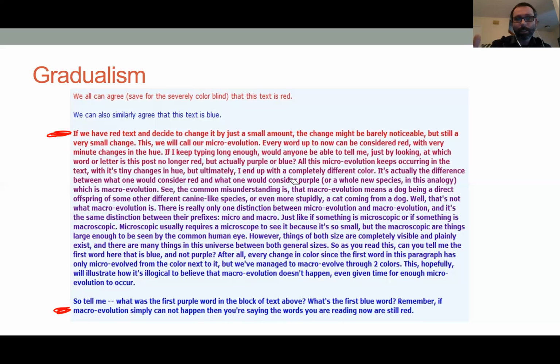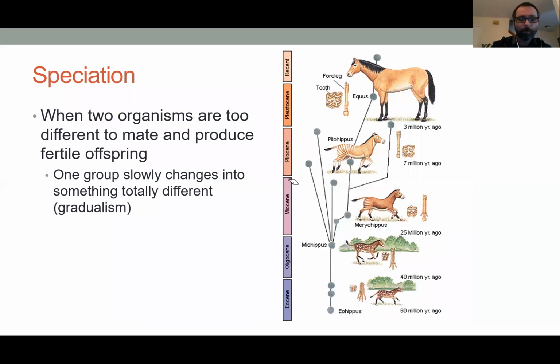So it's hard to grasp this kind of thing when it's such a slow process, but it does happen, as evidenced by the horses, right? And that's called gradualism. Now, one problem: if gradualism is the only version of evolution that you know of, then this leads to questions such as, if humans came from chimps, then how come there are still chimps, right?